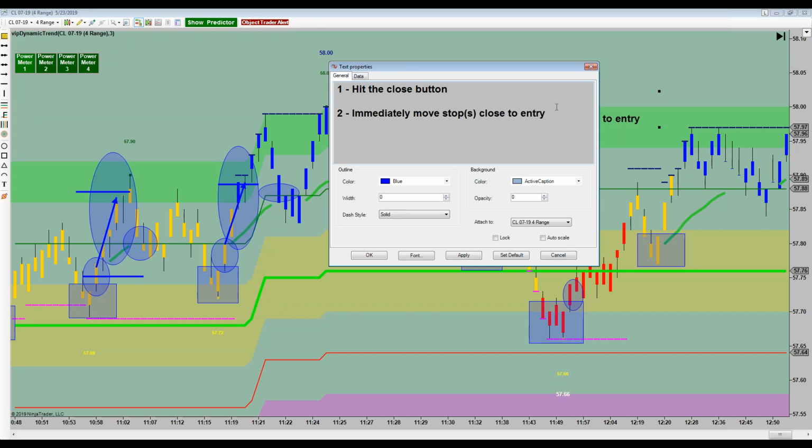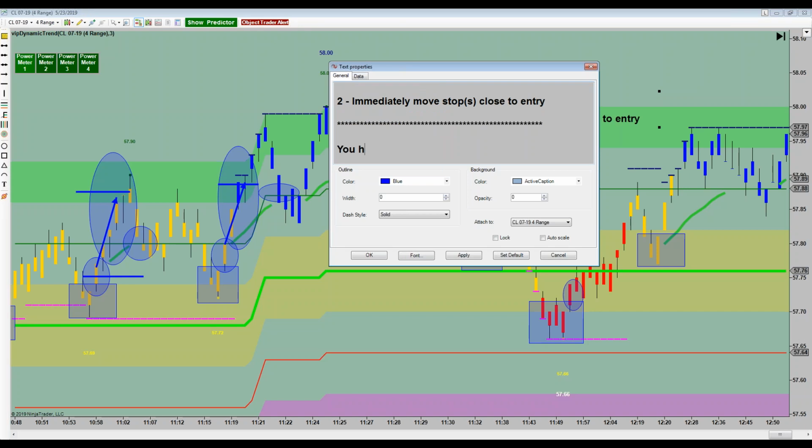Okay, now I want to put something in here though, and this is important psychologically for you. This is what you've got to consider when you are considering what instrument to trade. Let me put this in here. This is really important, and it plays into the psychology of taking losses, and it is as follows.